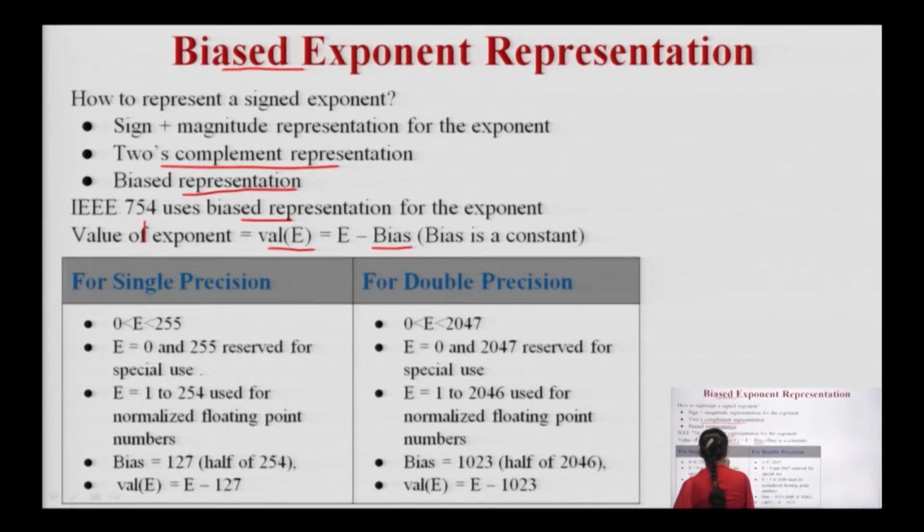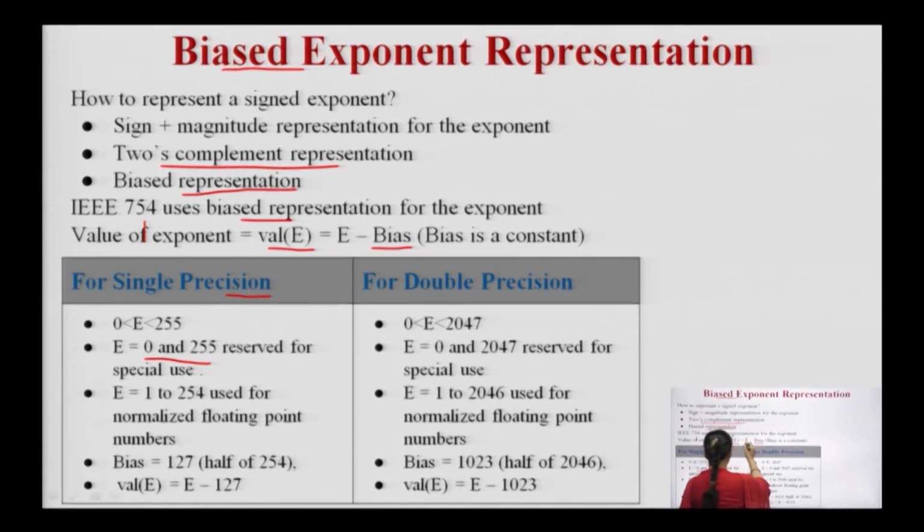When I am dealing with a single precision number, my value of E will range from 0 to 255. Why? Because my exponent is reserved 8 bits. From 8 bits I am getting 0 to 255, in which the value of E will be from 1 to 254. Why? Because 0 and 255 are reserved for special purposes. So, the bias will be half of 254, that is 127.